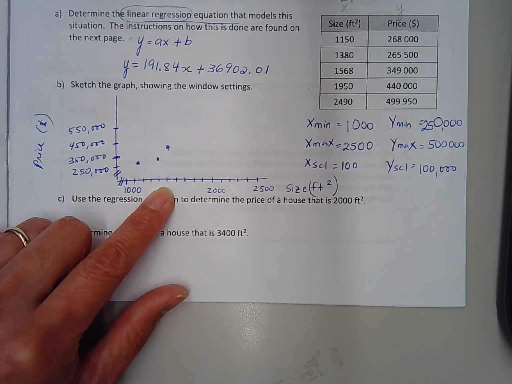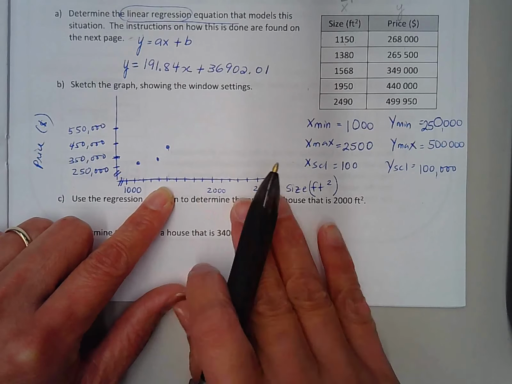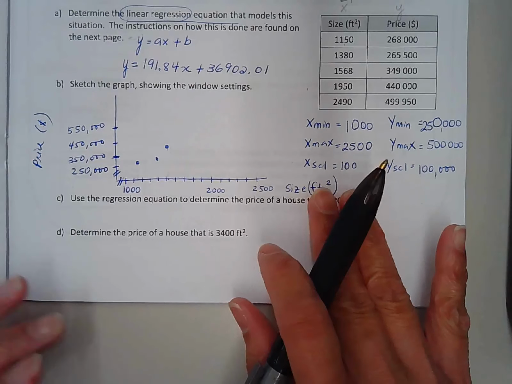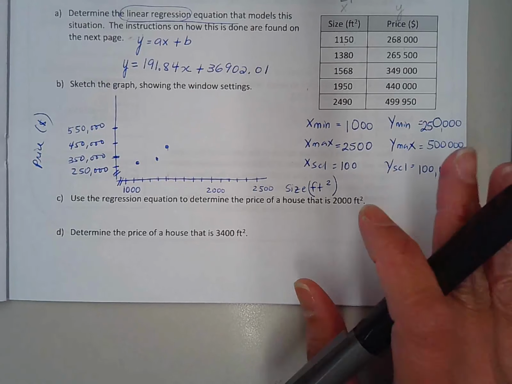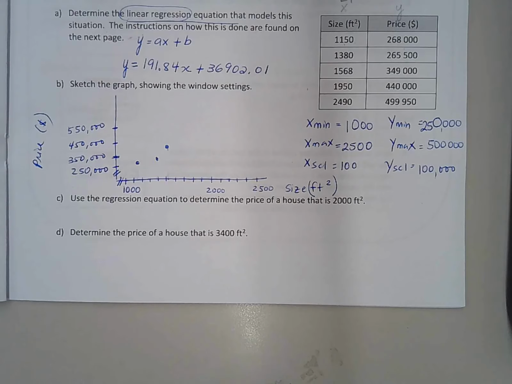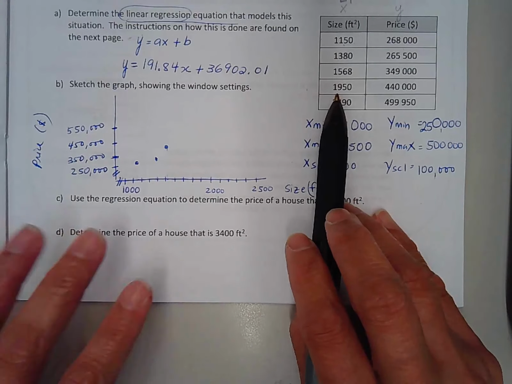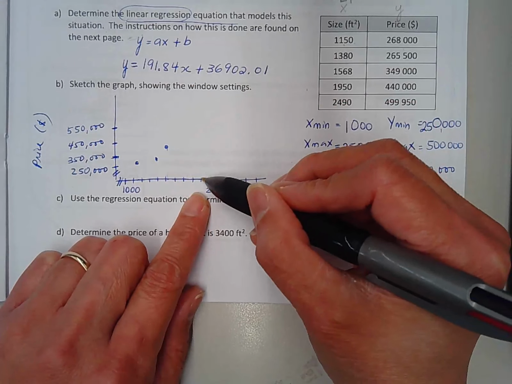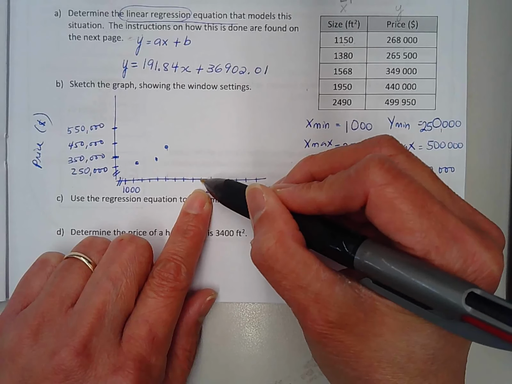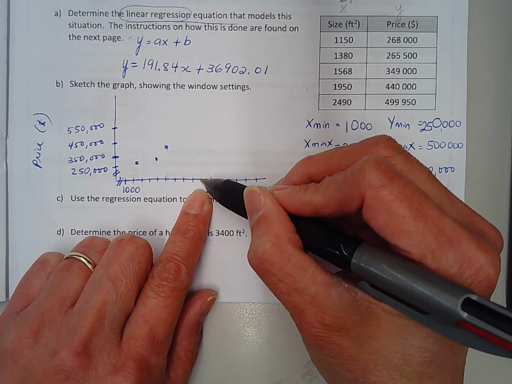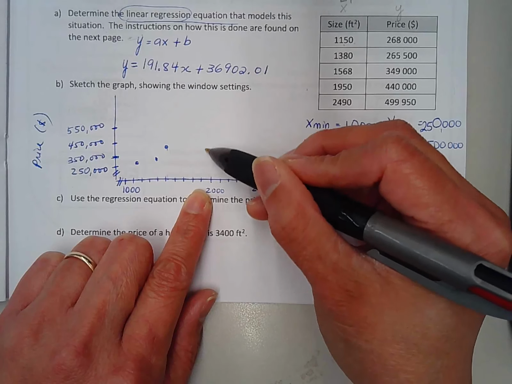Why don't we use this? Because there's not enough space there to put all the numbers. We don't want to spend so much time on graphing. Our main goal is the regression equation. And then 1950 would be right here, close to 2,000. And 440, so going up 440.